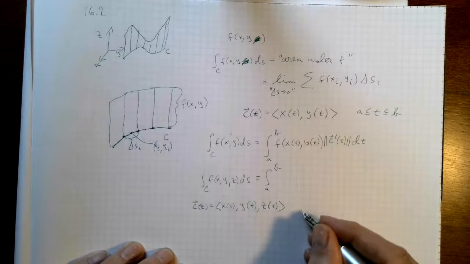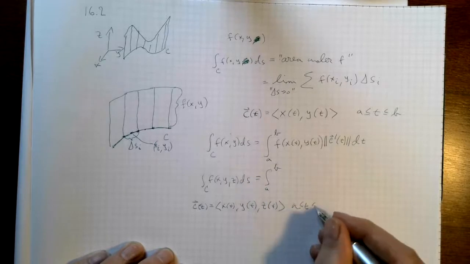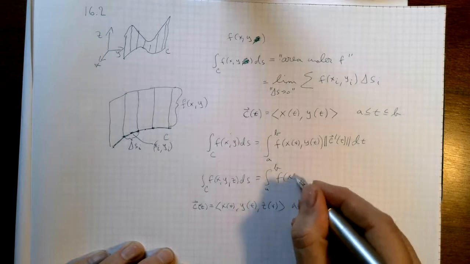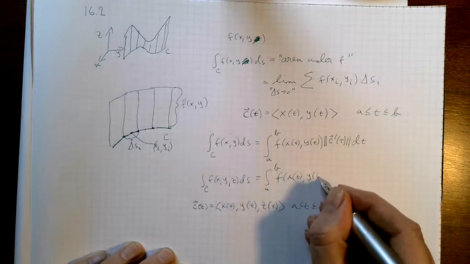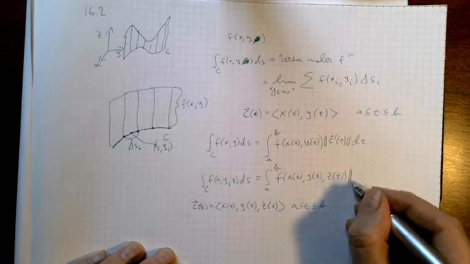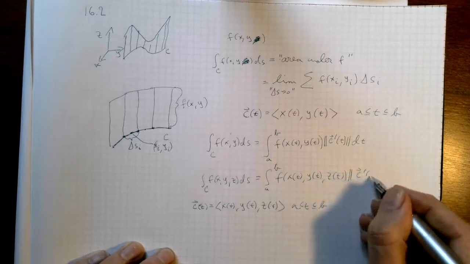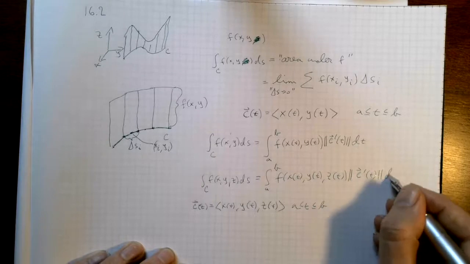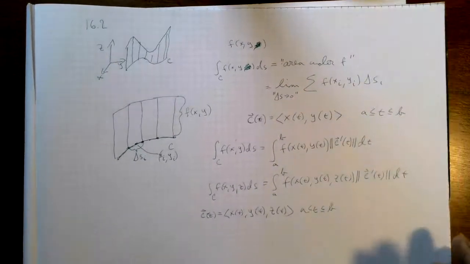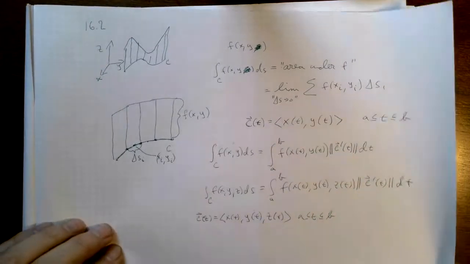Again, this is the interval where t lives, just like before, of f of x of t, y of t, z of t times the speed. It's the same thing. It doesn't matter how many dimensions I'm in. Okay, so let's do an example or two.